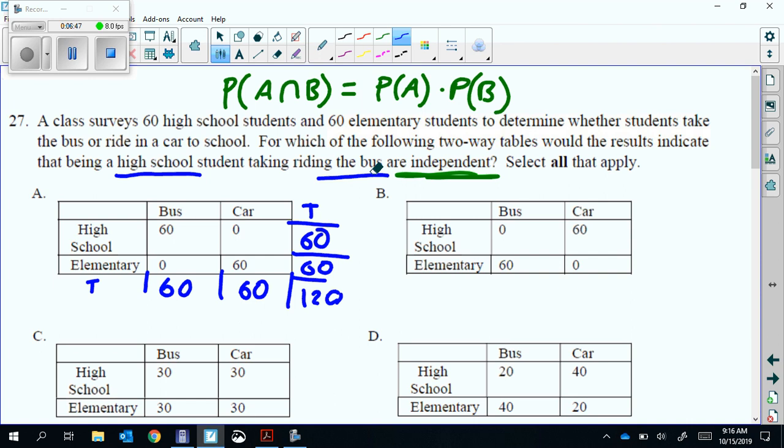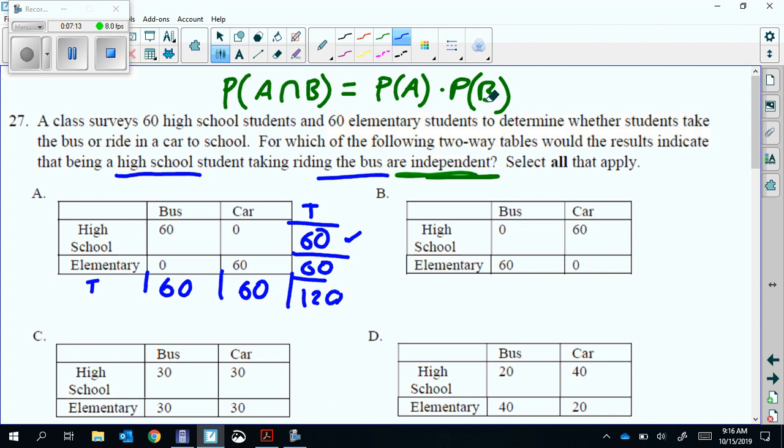So this means that we're looking for the probability of a high school student. That will be this first one. Probability of riding a bus would be the second one. And we multiply them together, and that needs to be the probability of the intersection, high school students that ride the bus. So probability of being a high school student from this one, there are 60 high schoolers out of 120.